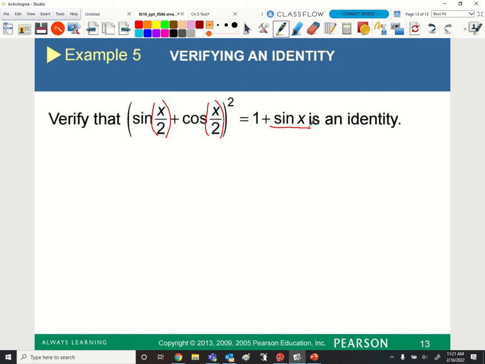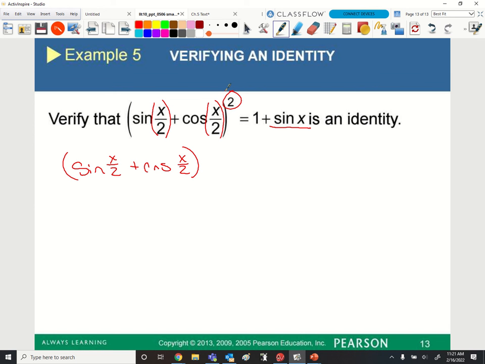So I'm going to replace sine of x over 2, but actually, I'm going to do that at the end because it's going to be a mess. It's going to say sine of x over 2 plus cosine of x over 2. And since there is a square right there, that means I'm going to have 2 of these.